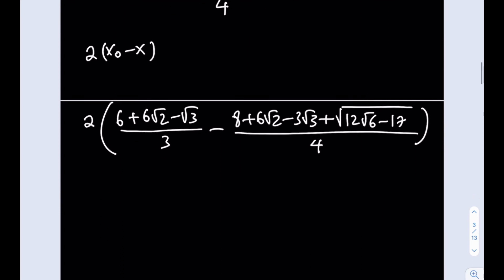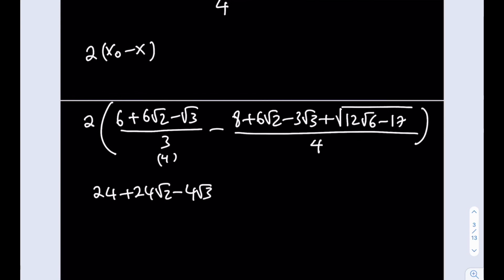Let's simplify this a little bit for fun. We can make a common denominator, so obviously this is going to be multiplied by 4, but then there's going to be a 2 here. You can think of it this way: the common denominator is going to be 12, but cross cancel with the 2, that's going to be 6. So let's multiply this by 4 here. That's going to give me 24 plus 24 root 2 minus 4 root 3.